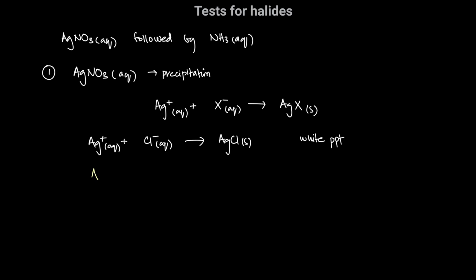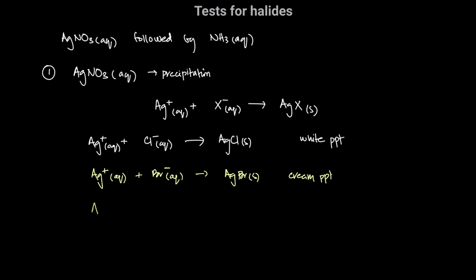Similarly with bromide ions, silver and bromide combine together to form silver bromide, AgBr solid, and this is a cream precipitate, sort of like an off-white color.